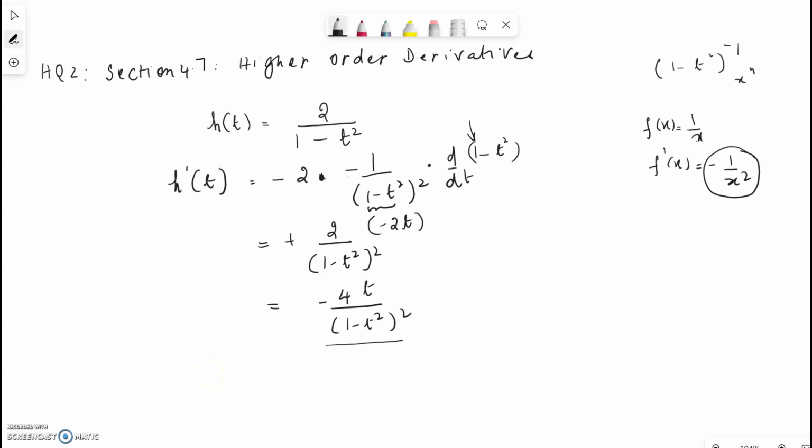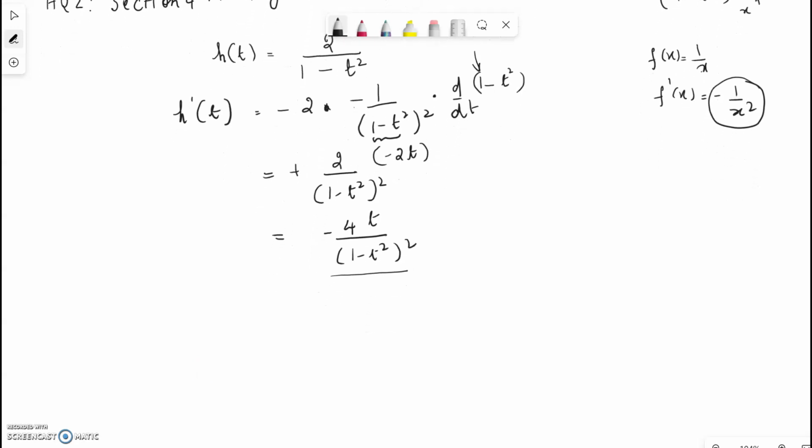What we have here is the first derivative of h of t. So now we're going to go higher, and we'll find the second derivative of h of t. We can get it by differentiating the first derivative of h of t once again. So we find the d by dt of h prime of t.